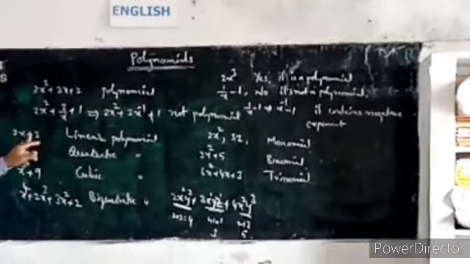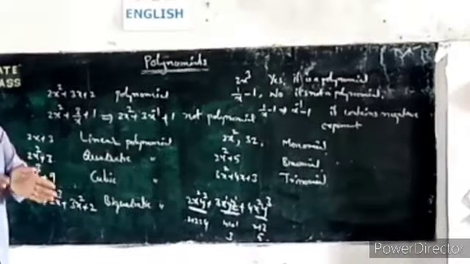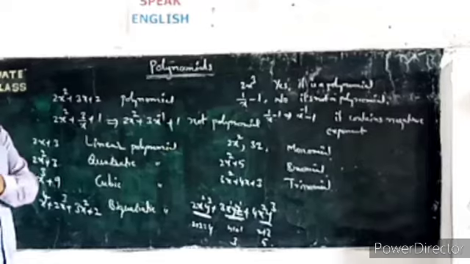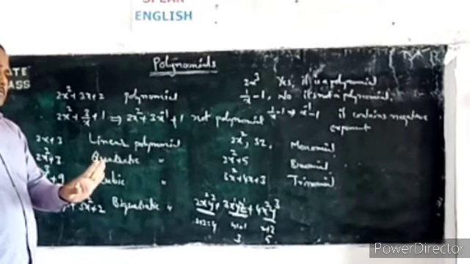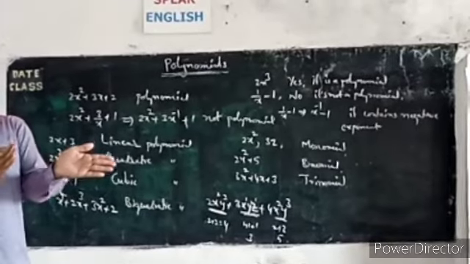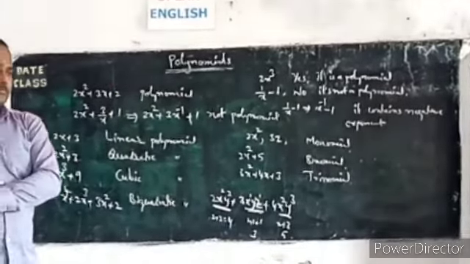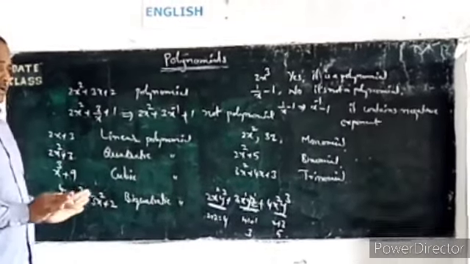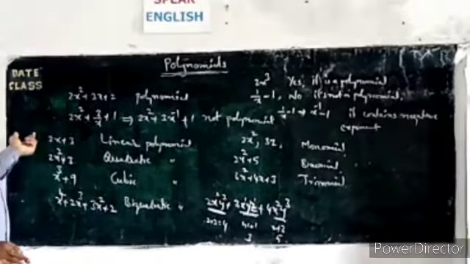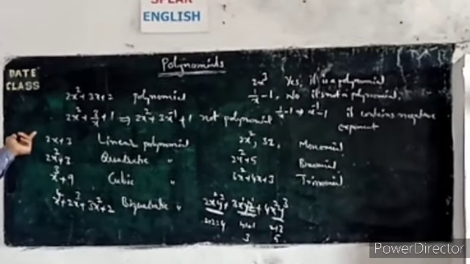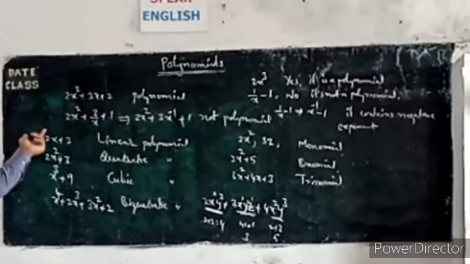Just change the numbers and variables and exponents. Not only x, y, z, a, b, c, you may take any of the 26 letters. Generally we take x as the variable.